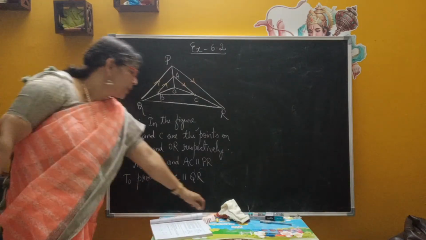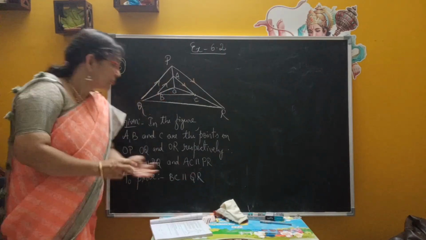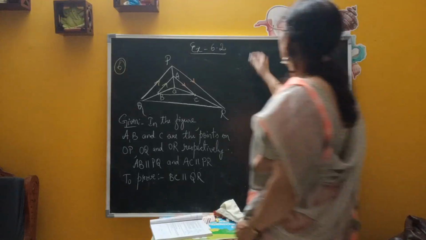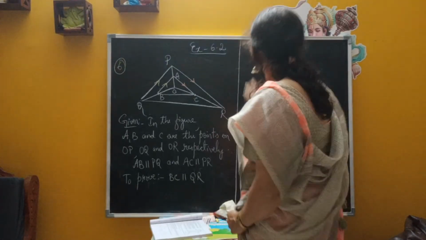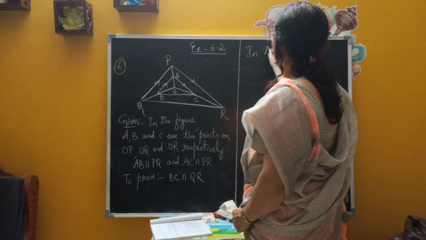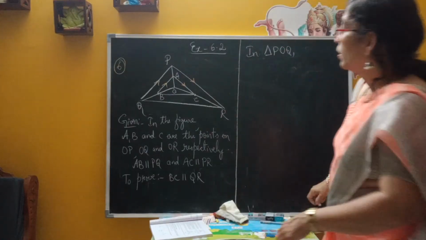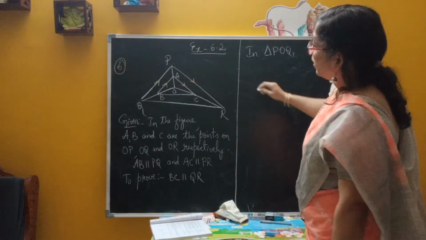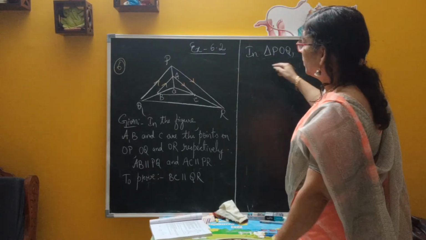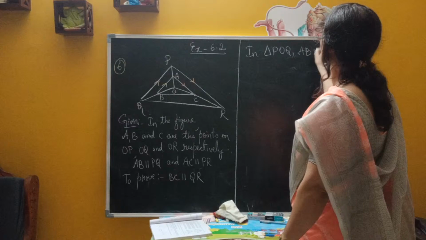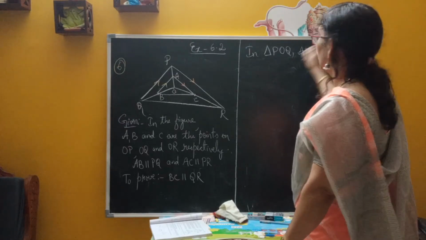So let us take the first triangle, POQ. In triangle POQ, AB is parallel to PQ.